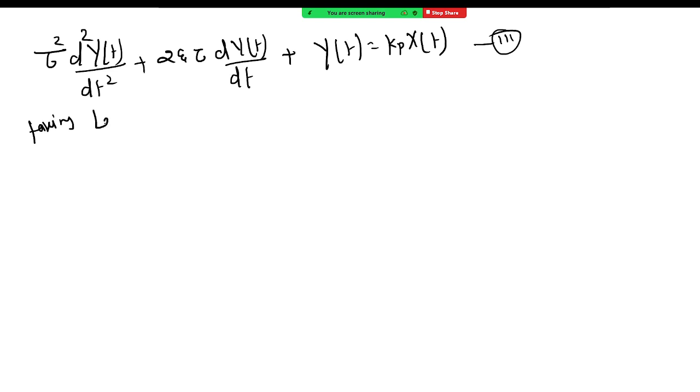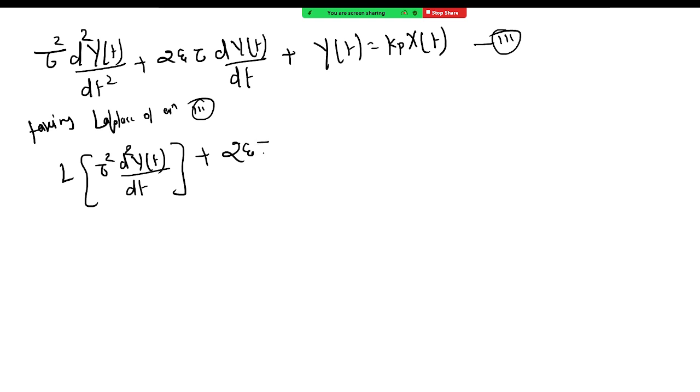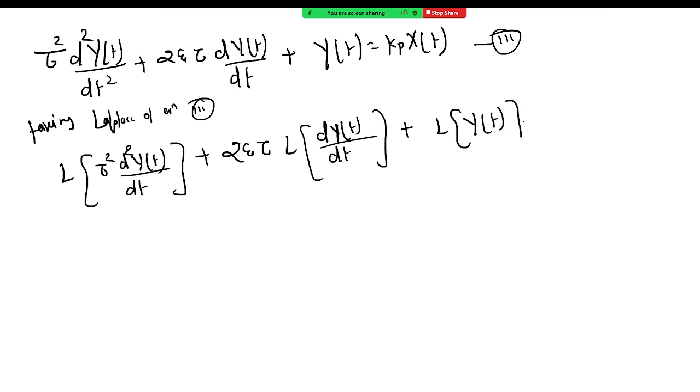So I'll take Laplace of equation third. Can I write Laplace of tau squared d2 Y(t) divided by dt square plus 2 zeta tau Laplace of dY(t) divided by dt plus Laplace of Y(t) is equal to Kp, I'll take common, Laplace of X(t).